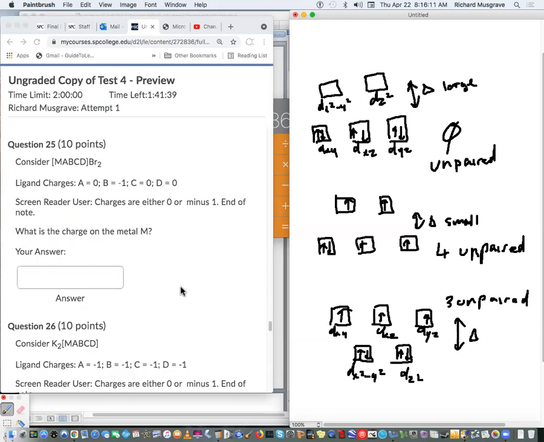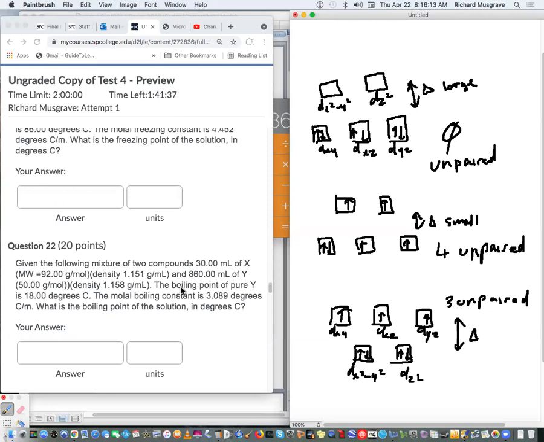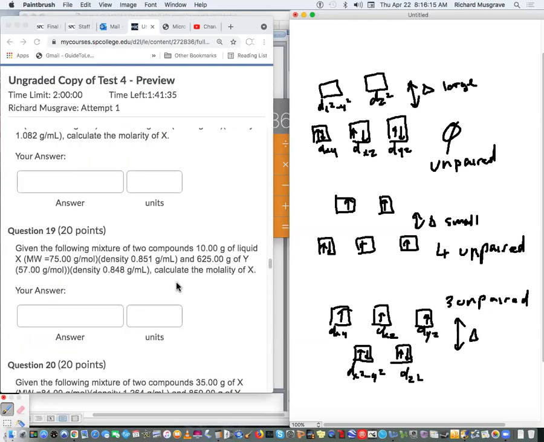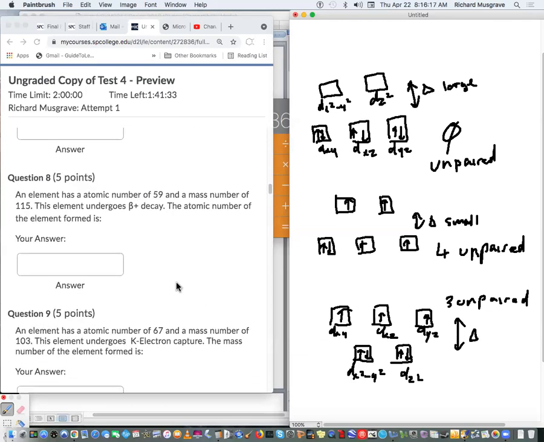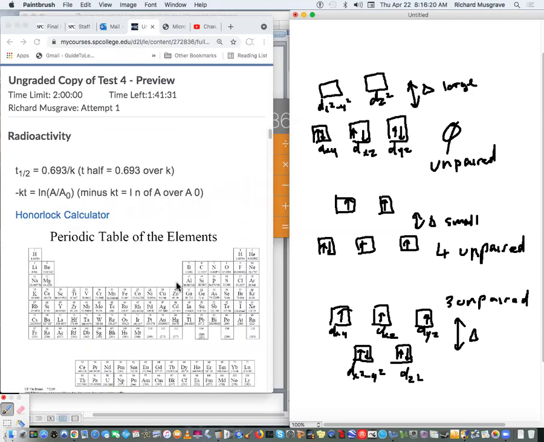Okay. All right, anything about the test in general here? Anything about the test in general? Yes, it's due Tuesday.